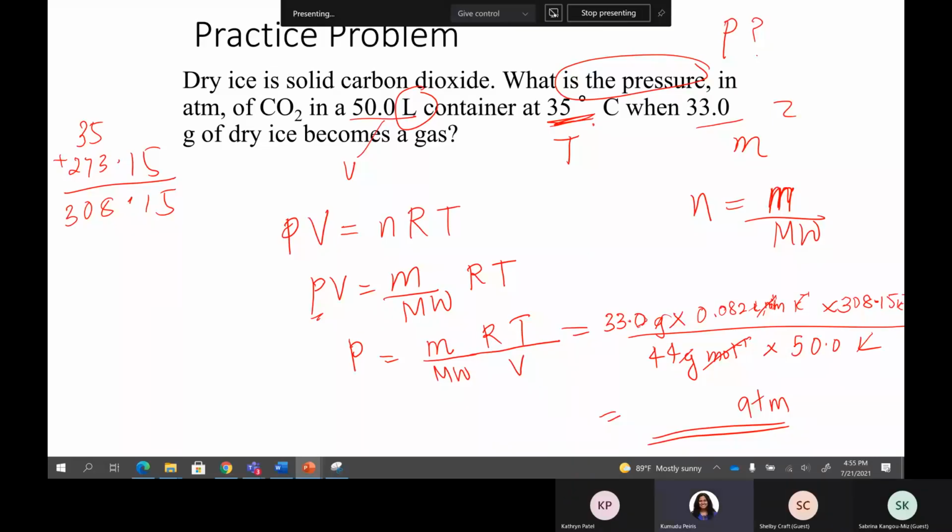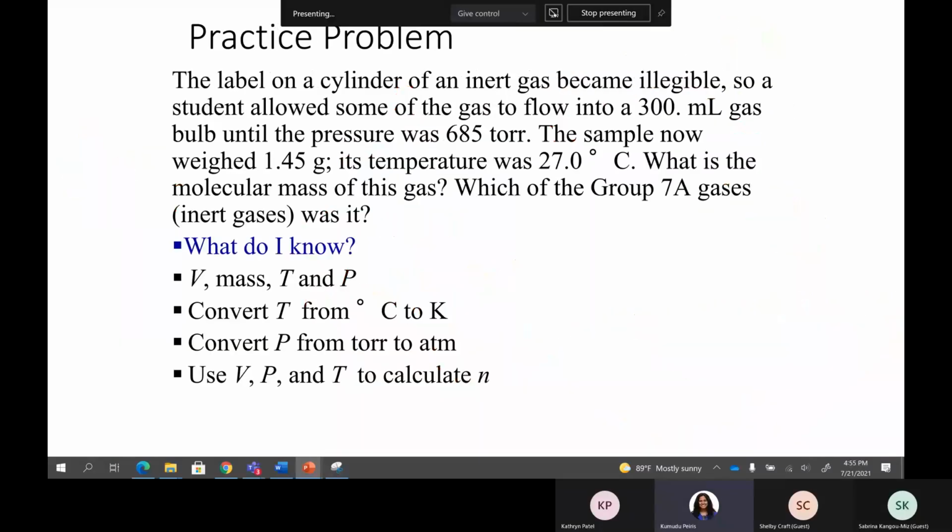Okay, do you have any questions? Okay, then I'll move to the next one. Since I have done a similar example, I'll skip it. You can use the same kind of rearrangement that I used in the previous one.